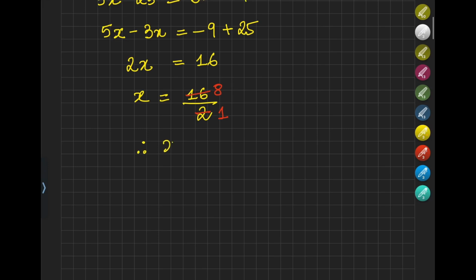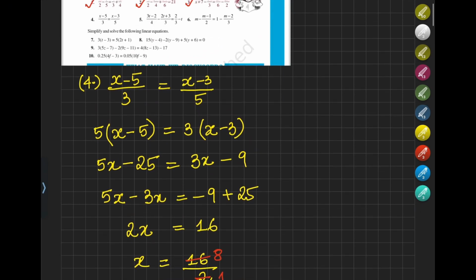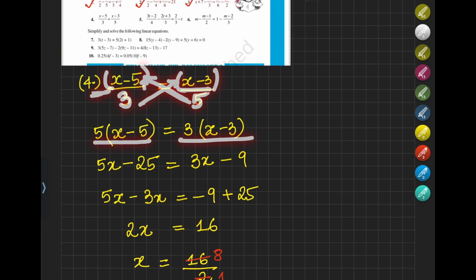Therefore x is equal to 8. So this is the solution of question number 4, and the technique that we used was cross multiplication, like this. The denominator goes to the numerator here in multiplication, and the denominator here goes to the numerator on the LHS as multiplication. You can see in the next step.